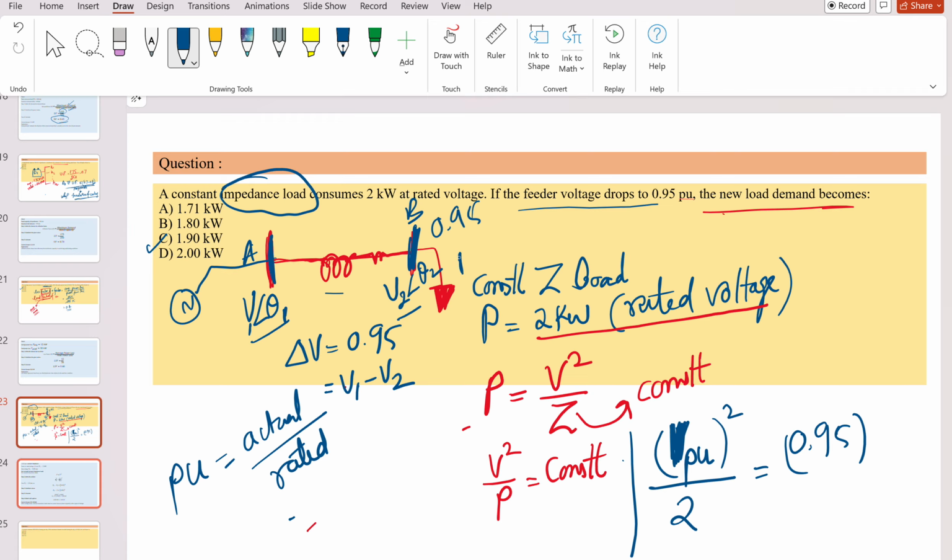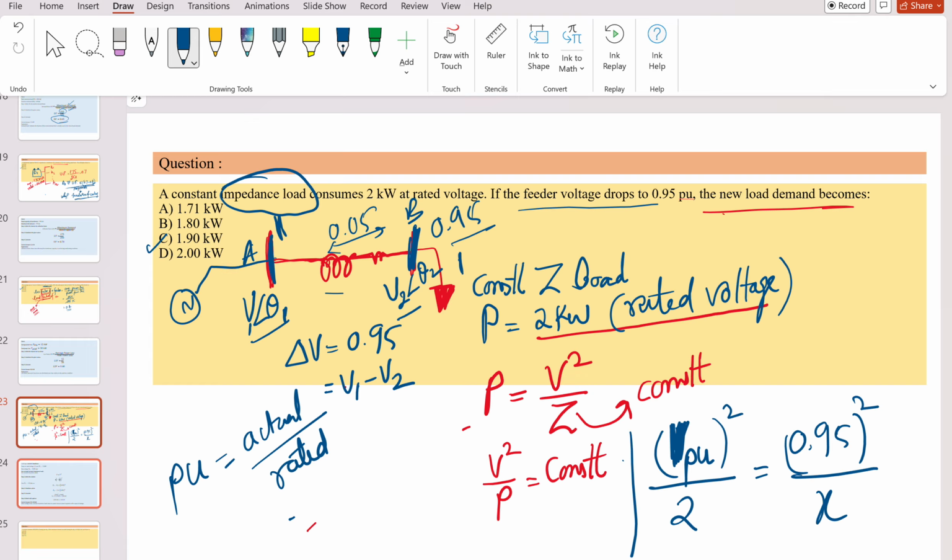Initially it was 1, but the voltage drop occurred in between, a 0.05 drop. So the problem asks what power it will consume.